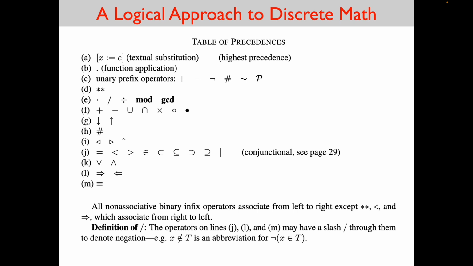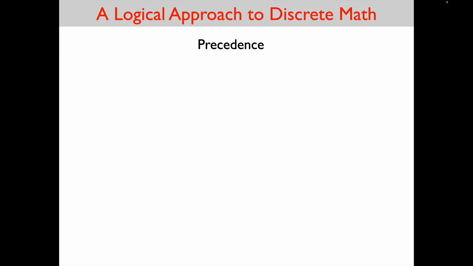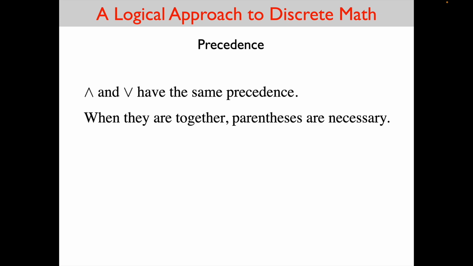Actually, they have it in the opposite order there, or and have the same precedence. And so we have to make sure that we use the precedence table when we evaluate these Boolean expressions. And the thing that we just noted on that table is that and or have the same precedence. That means that when they are together, parentheses are necessary.